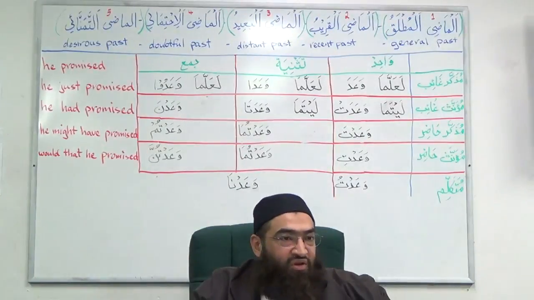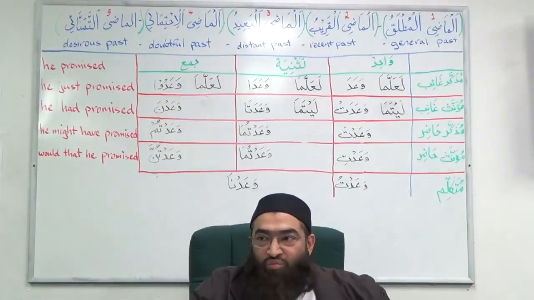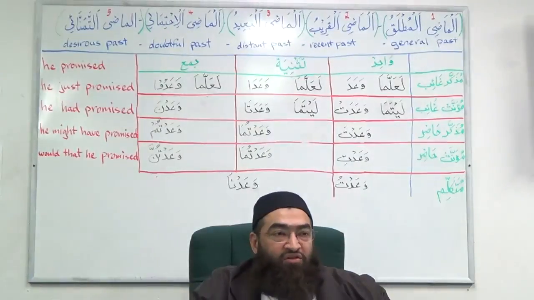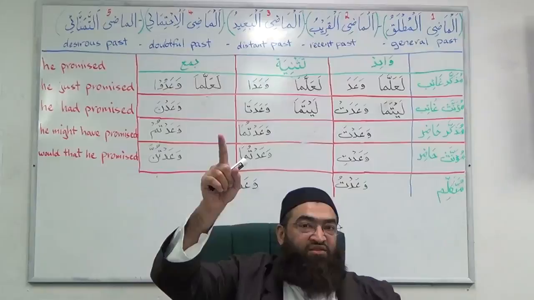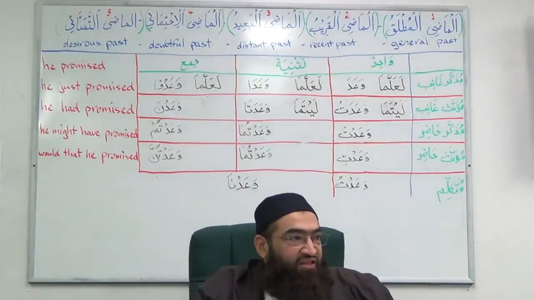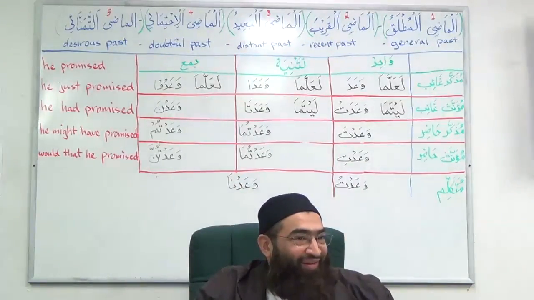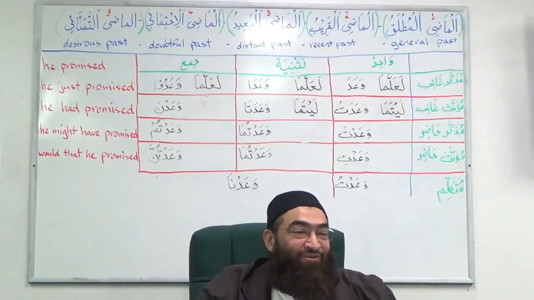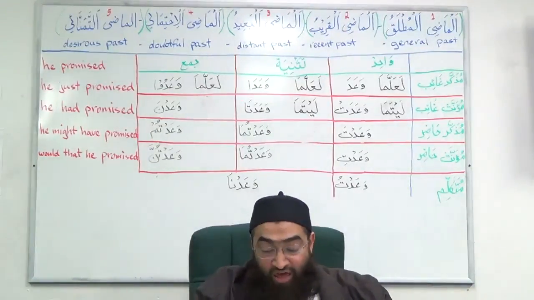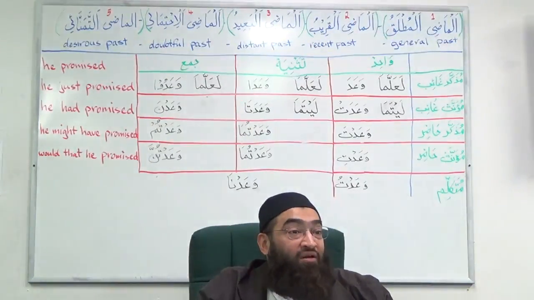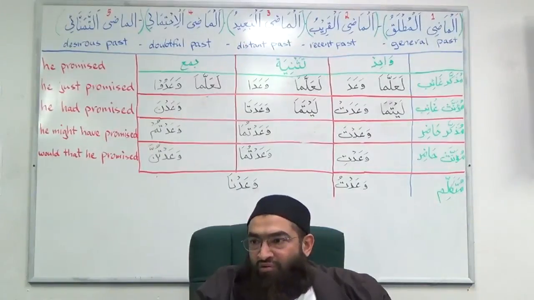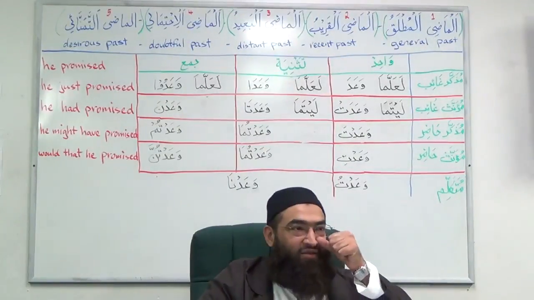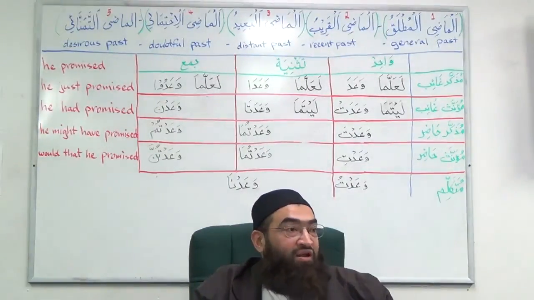Let's see who's picked up some of these words and verbs. Dhahaba means to go. La'allama dhahaba zaydun ilal masjid. Who can translate this one for me? La'allama dhahaba zaydun. So Zaydun might have gone to the mosque? Yeah. So if somebody asks, Aina dhahaba zaydun? Where is Zayd? Where did Zayd go?